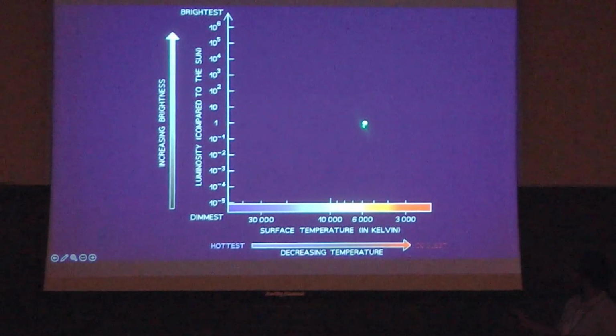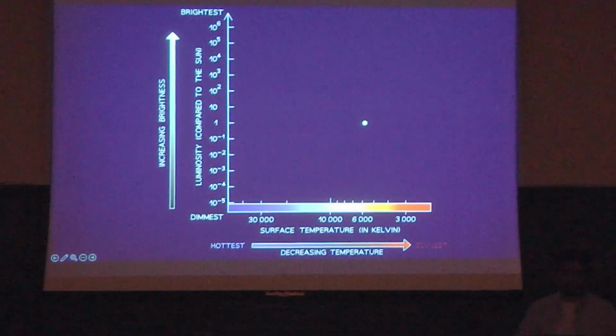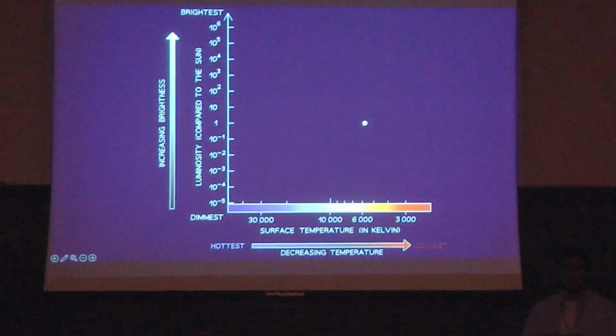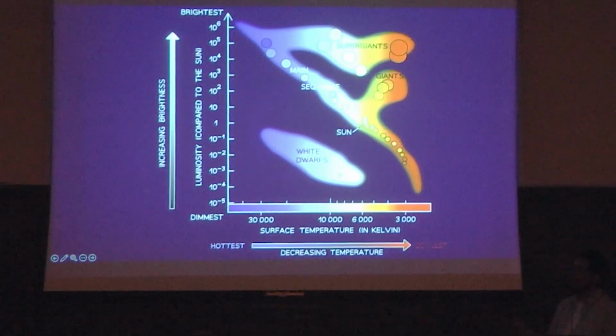And I told you all that our sun has a surface temperature on the order of 6,000 Kelvin. Now we can do this exercise for a lot of the stars in the Milky Way galaxy, and after doing that, what we see is we form this diagram known as the Hertzsprung-Russell diagram.